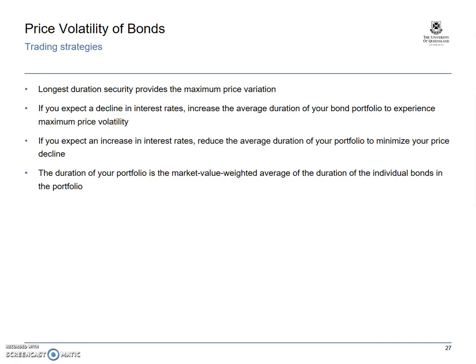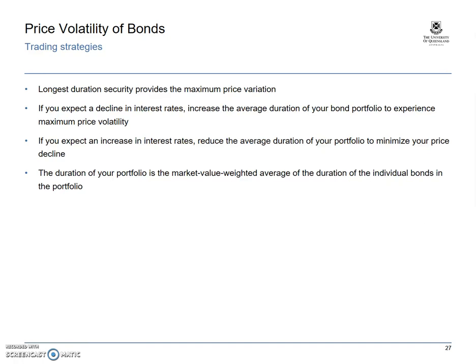And if rates are going down, that would mean the prices would go up, which would be great. However, if we expect that interest rates will rise in the future, then we may want to reduce the average duration in our portfolio to minimize the price decline, the capital loss that we'd incur if rates go up.